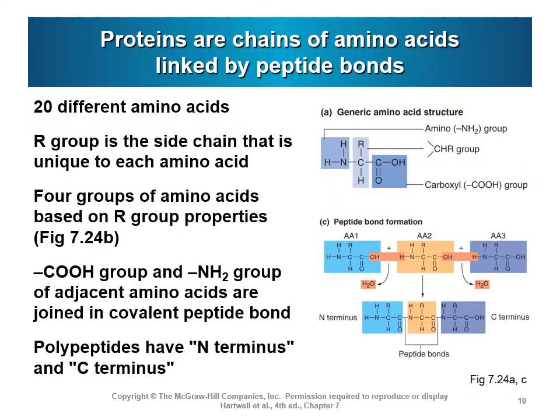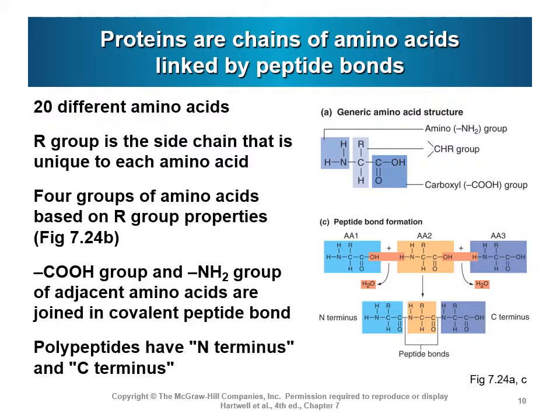I know that we have talked about amino acids during our first class. However, I want to go over this again briefly, just summarizing it. So we know that there are 20 essential different amino acids, and each amino acid contains three groups of molecules.